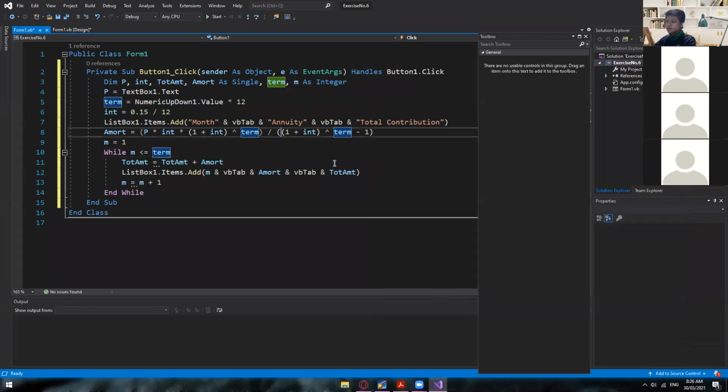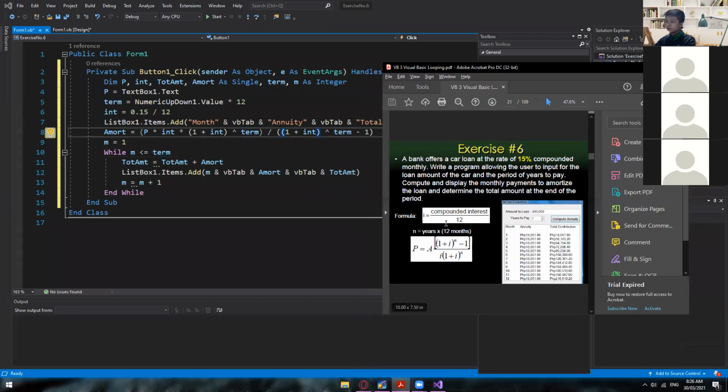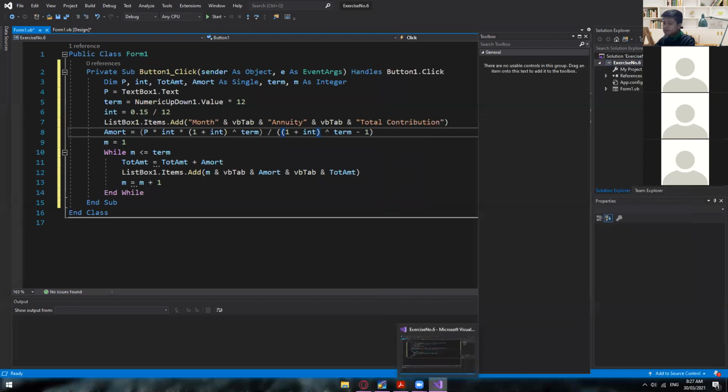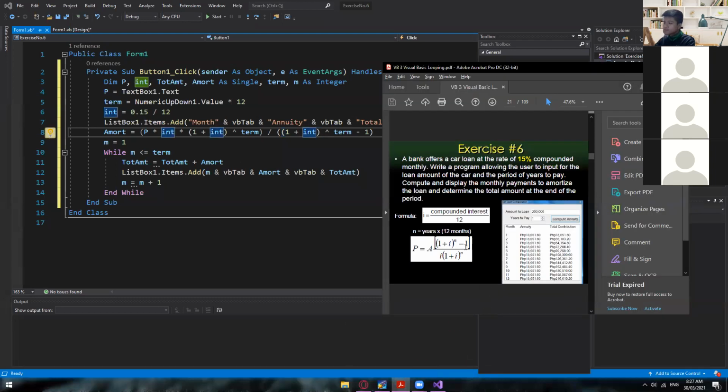All right. So in here we have A as your total, which is this one, P times int, the interest, times, where's this? Why do we have... okay, so let me just fix this one.